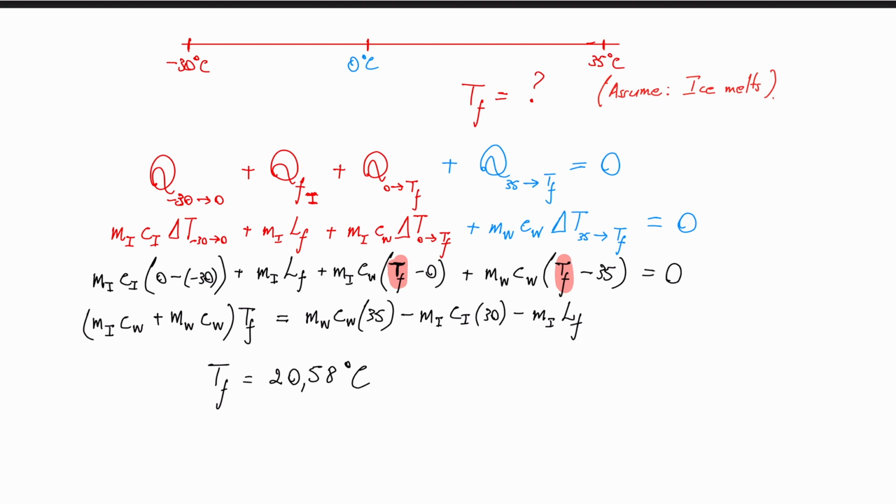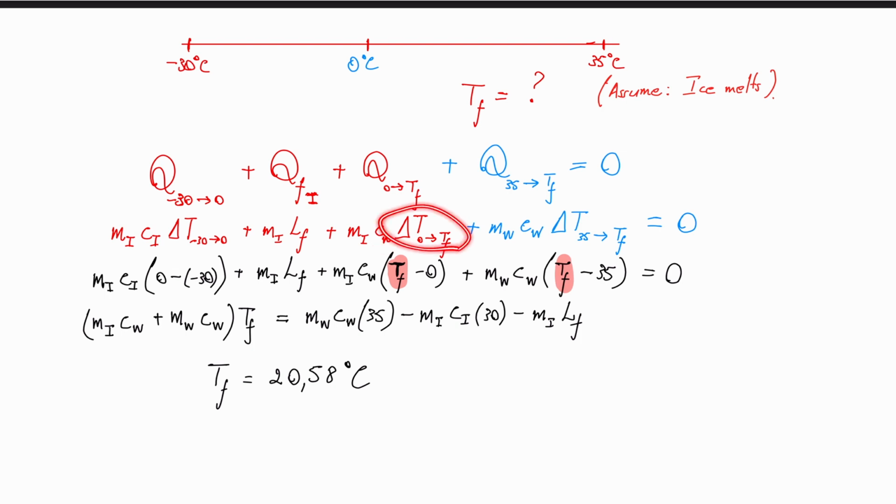So this term corresponds to the energy associated with melting the ice. But now, here we have the term associated with the heat necessary to get the now melted ice from 0 to TF. So that's why here we have the mass of the ice, but the specific heat capacity is no longer of the ice because now the ice is melted. That's very, very important. It's CW, the specific heat capacity of water.